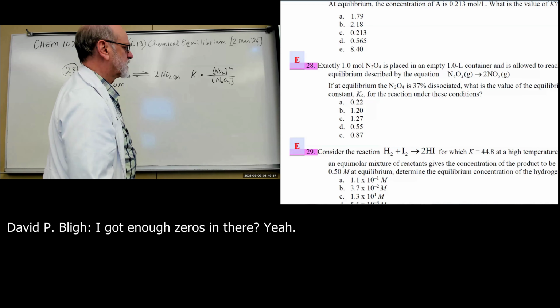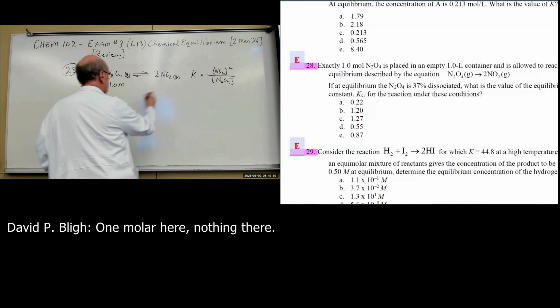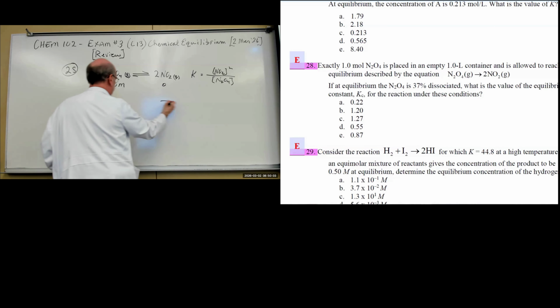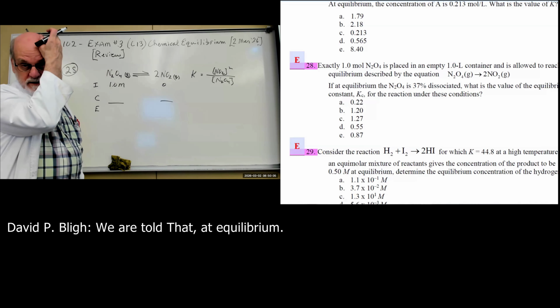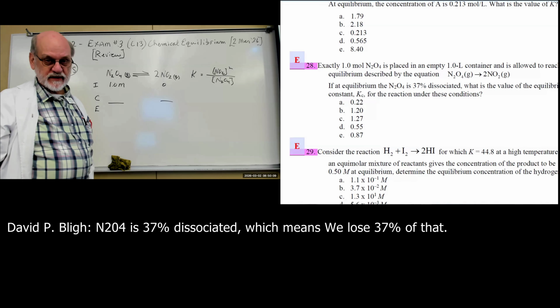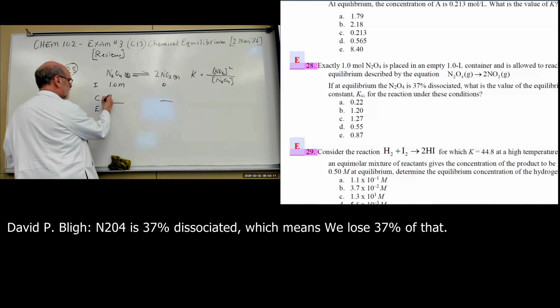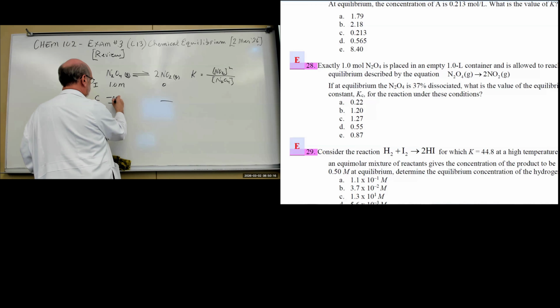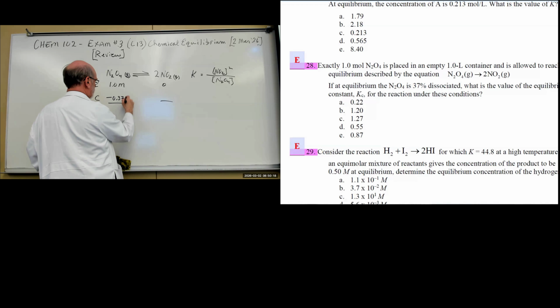Yep. 1 molar here, nothing there. Change, equilibrium. We are told that at equilibrium, N2O4 is 37% dissociated, which means we lose 37% of that. Correct?